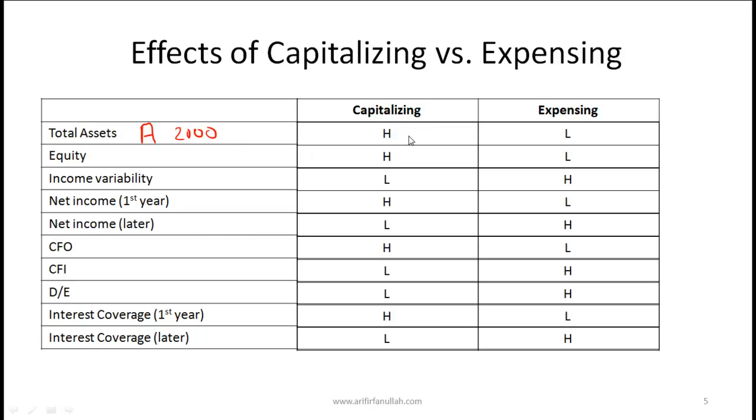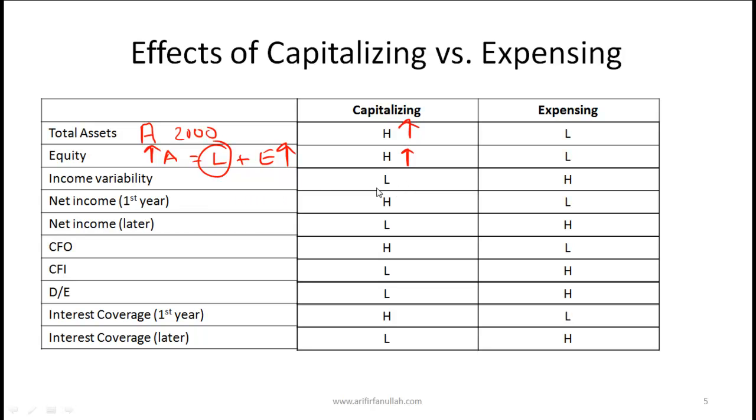So as you would expect, the total assets for the capitalizing company are higher relative to the expensing company. Equity will also be higher since assets equal liabilities plus equity. The liability is the same for both the capitalizing and expensing firm. Since assets are higher, equity will be higher for the capitalizing firm.